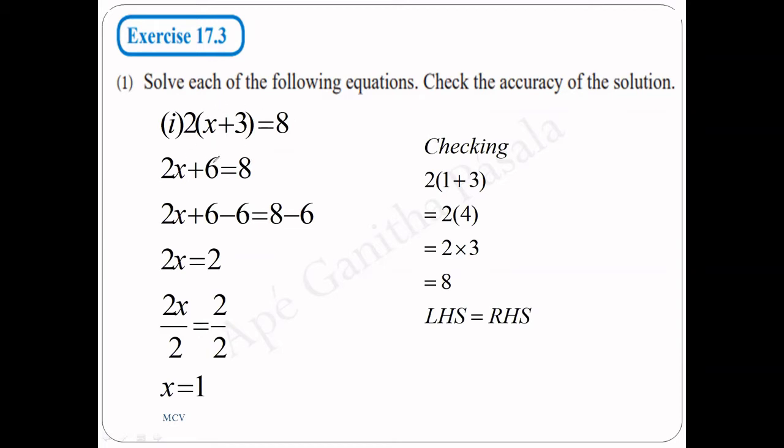This problem can be solved using another way. If I follow the method in the example, then I can do it this way. There are many methods to solve the same problem.